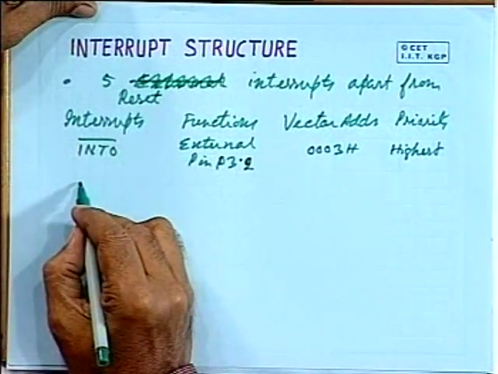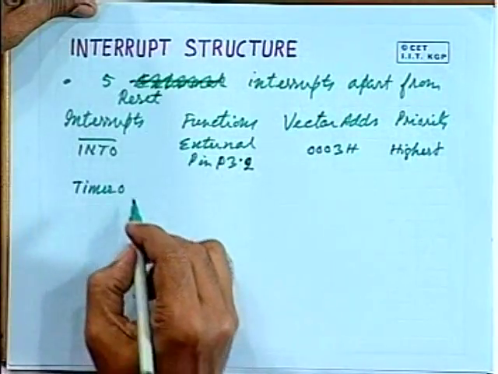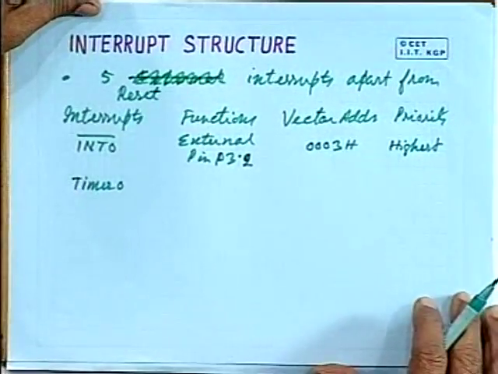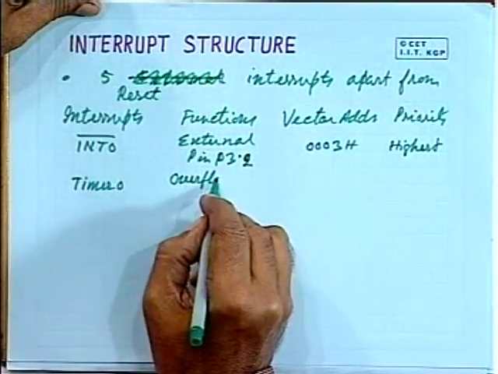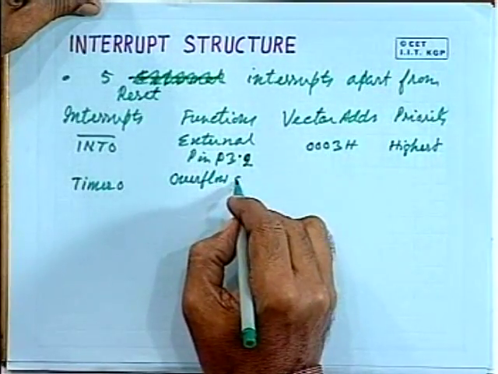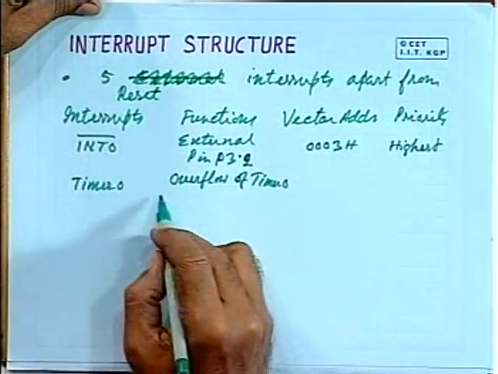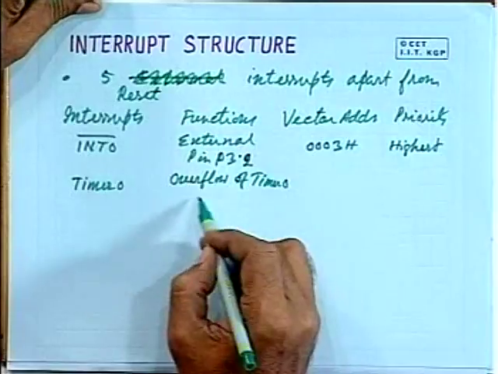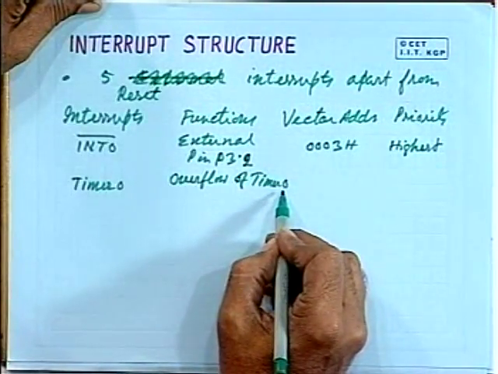Then you have got timer 0. We have seen there are 2 timers. For timer 0, there is an interrupt, and this interrupt occurs when there is an overflow of timer 0. So you see, it is not an external interrupt, but the interrupt is generated internally whenever there is an overflow of this timer 0.